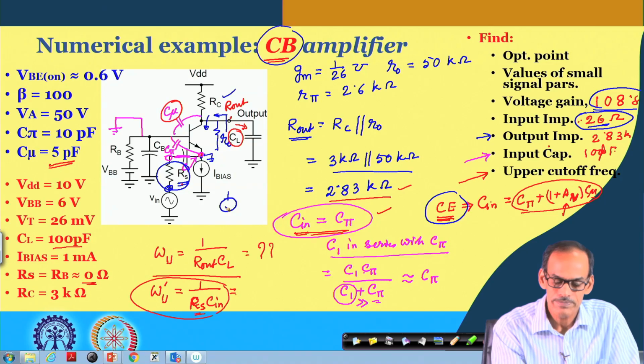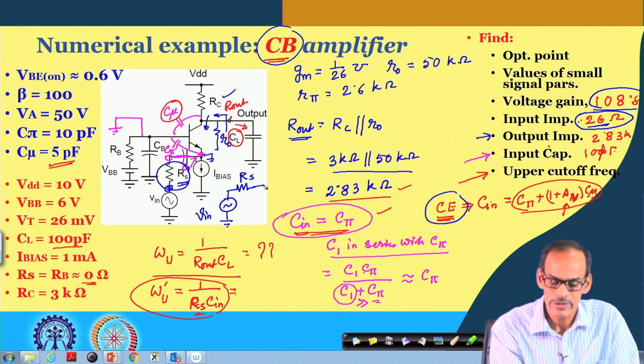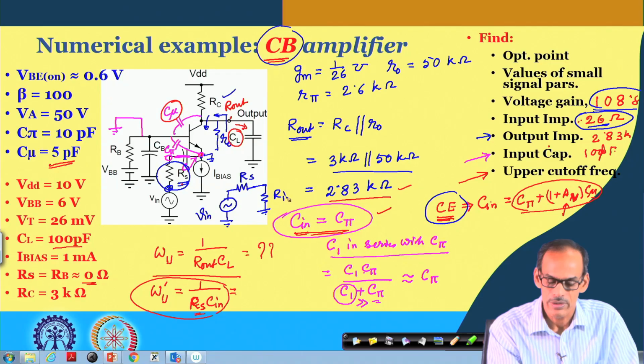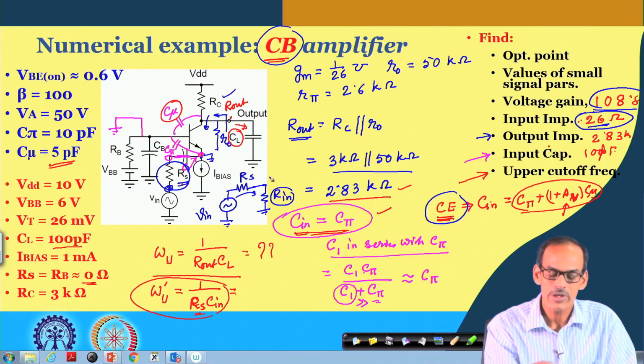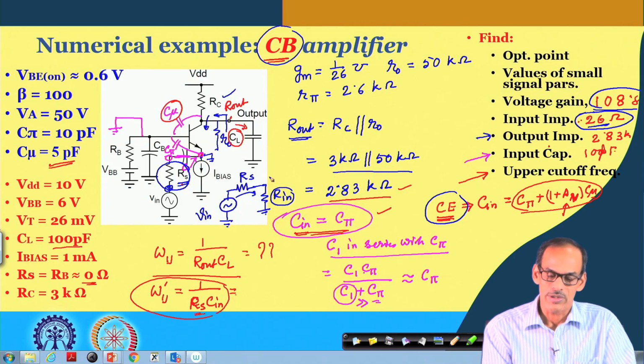Namely, if I consider this is the input signal V in having a finite source resistance, followed by the input impedance of the amplifier, and since this R in is small, we are expecting there will be big attenuation.